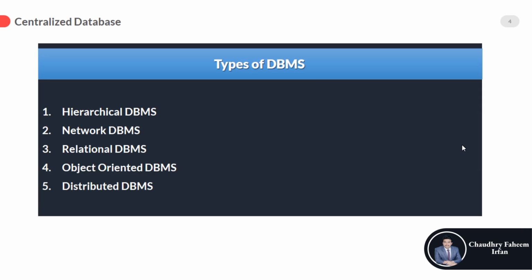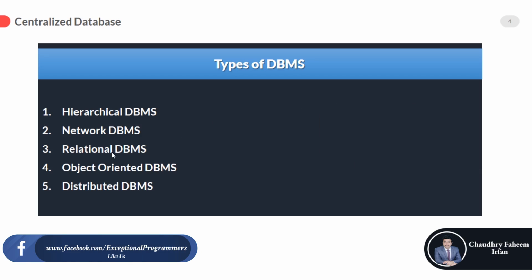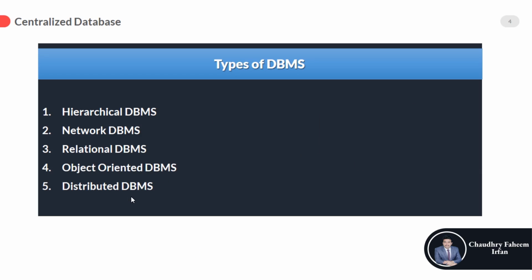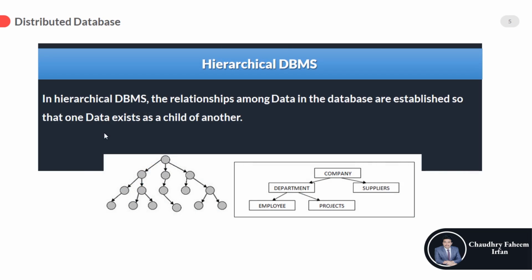Here are the types of DBMS: Hierarchical DBMS, Network DBMS, Relational DBMS, Object-Oriented DBMS, and Distributed DBMS. So number one is Hierarchical DBMS. The relationships among data in the database are established so that one data exists as a child of another.